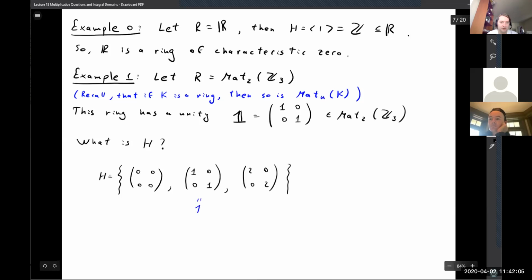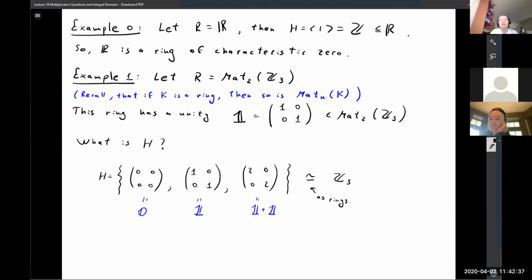This is the identity matrix itself. This is the identity matrix plus the identity matrix. That's 0. So as a ring, this H will be isomorphic to Z3 as rings.